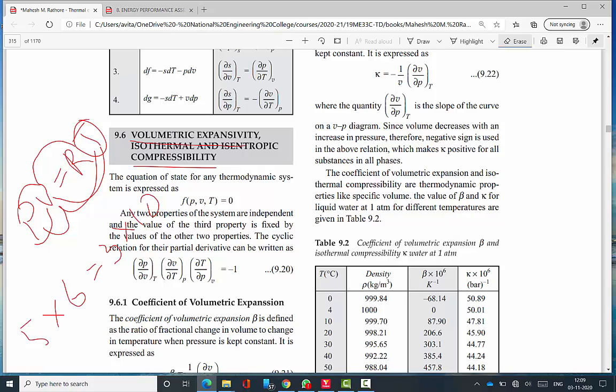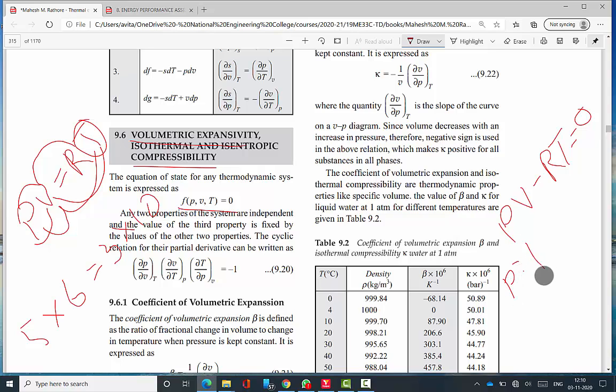But the total PV minus RT is equal to what? This is the equation. The function of PVT is equal to 0.